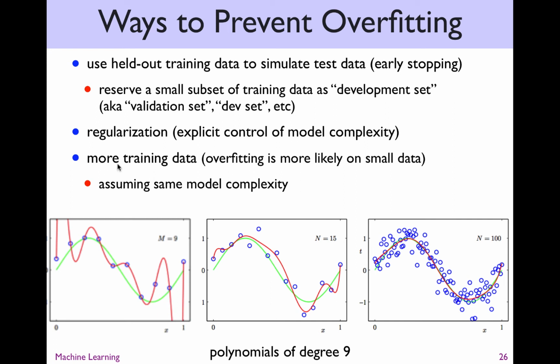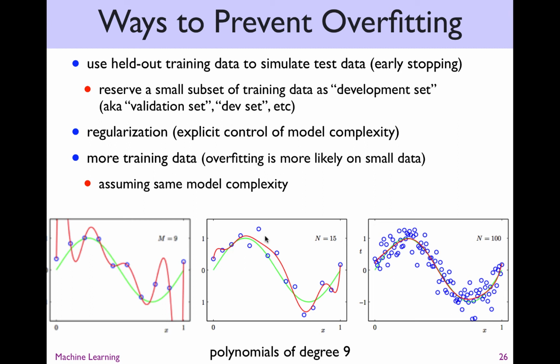But an even easier approach, a more direct approach, is to add more data, because there's never better data than more data, right? And overfitting is more likely to occur on small data. So think about this polynomial curve fitting again, right? With 10 points, it's likely to have overfitting if you have a polynomial degree of 9.